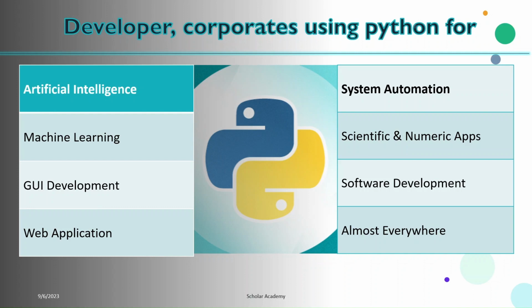We can consider graphical user interface development as well as web applications. There are various powerful libraries written in Python which make our task easier in these kinds of areas, right? So that's why we can say Python is almost everywhere, and that's why we call it a multi-purpose programming language, right?